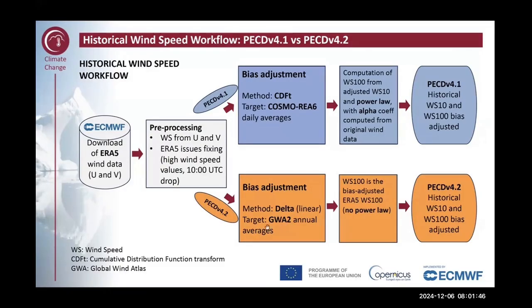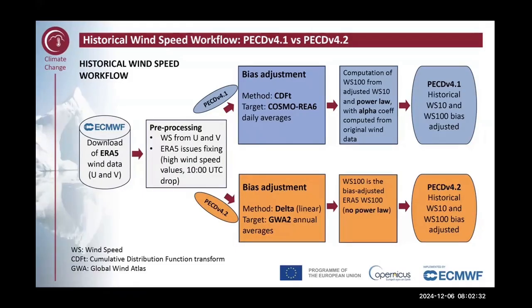The reference dataset is now the Global Wind Atlas version 2, and the wind speed at 100 meters was bias adjusted using the ERA5 wind speed at 100 meters, so no power law is applied in this case. The adjustment of the ERA5 wind speed at 100 meters was done in the same way as the wind speed at 10 meters, using the Global Wind Atlas, which provides the two levels, 10 meters and 100 meters.